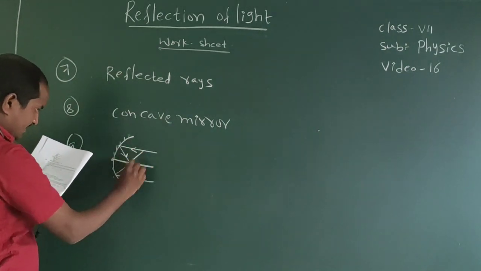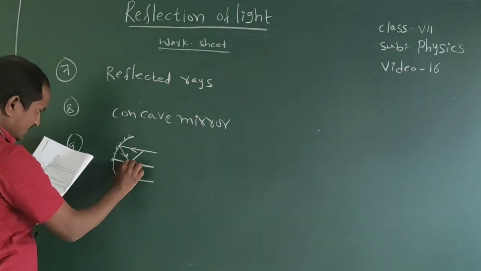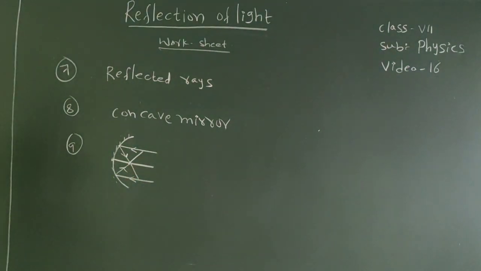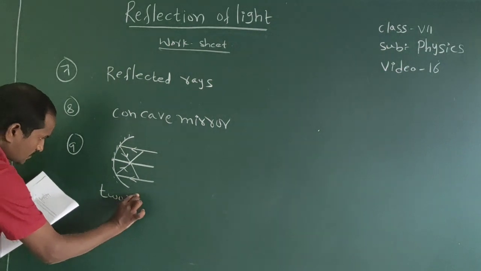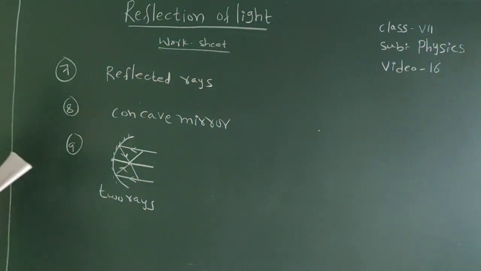Incident ray and reflected ray. Incident ray and it is the image. So we require how many rays? 2 rays. 9th one, 2 rays. Okay. Next, 10th one.